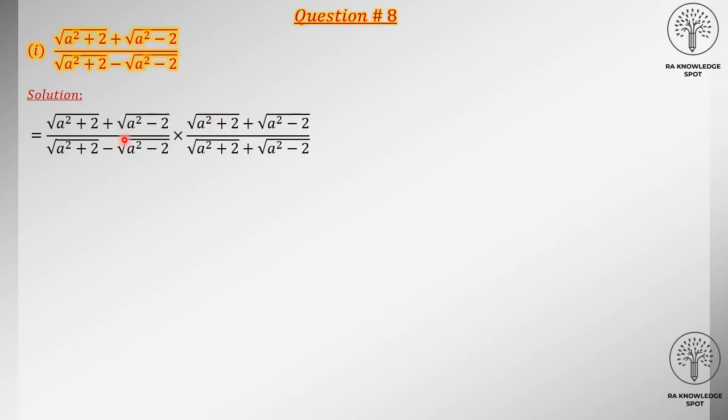It's just like a plus b, again a plus b, like in the previous question where we applied a plus b whole square, just like that we have to apply the same formula. The difference between those questions and this question is that the expression written here is somehow longer.